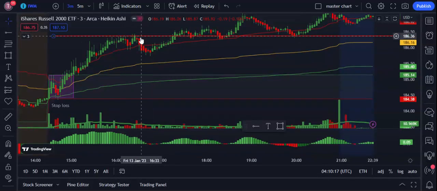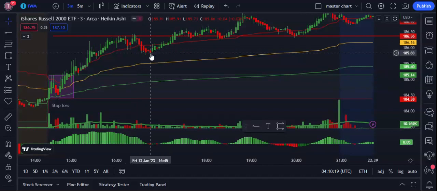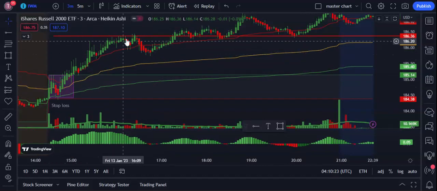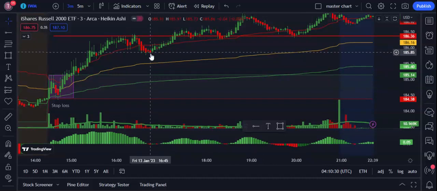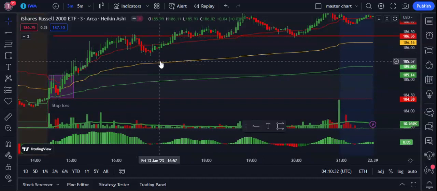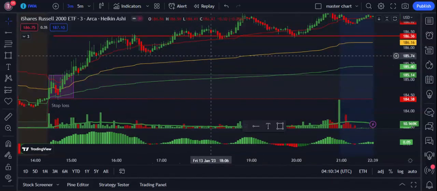After the rejection here, we have a pullback, which is expected because if we had a huge run up, you expect traders to take profit. Once they take profit, the stock pulls back. The stock never comes below the actual VWAP line.